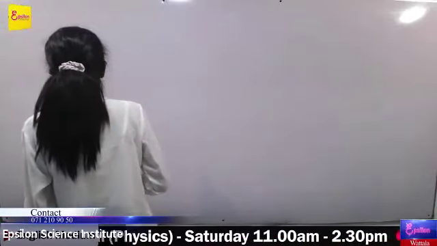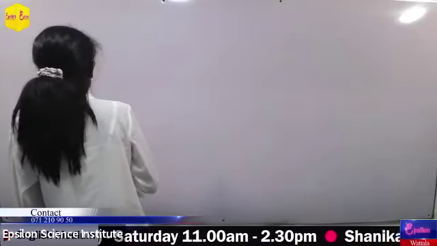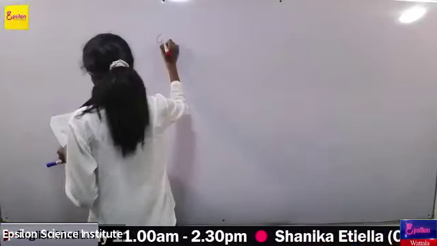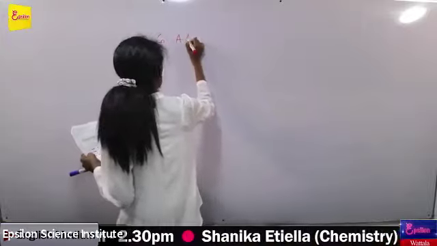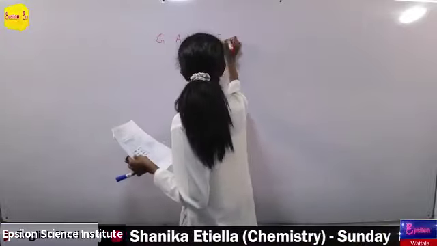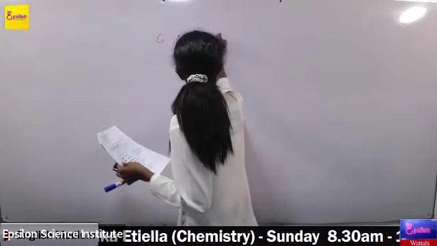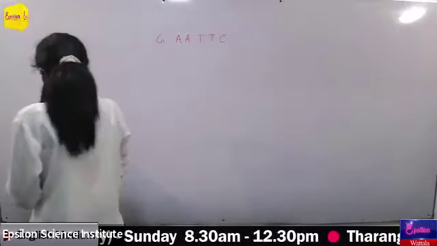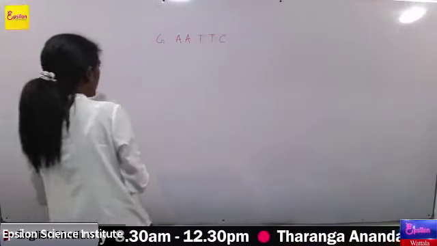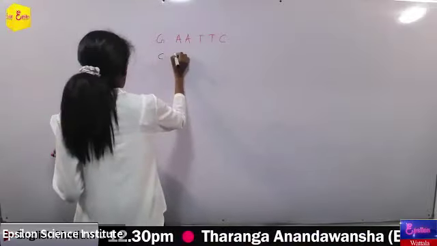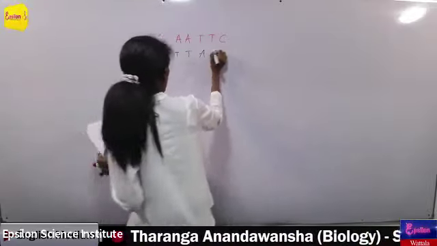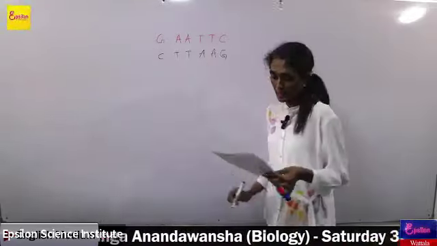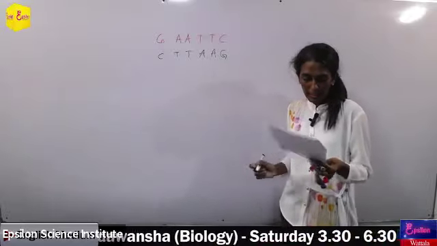So the given strand is GAA-TTC. The complementary DNA strand is asked: CTTAAG. All right, 1 mark for that.